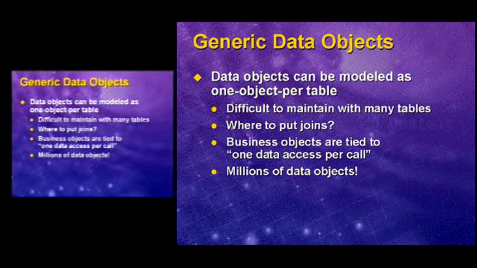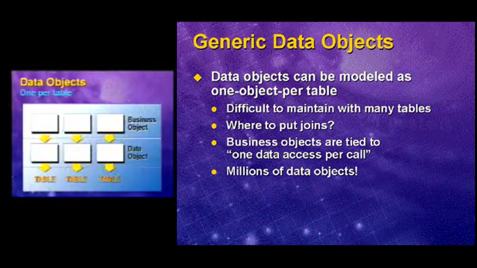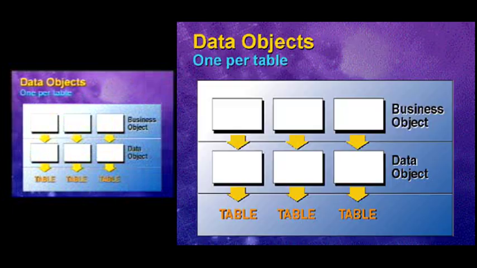So the other thing is that business objects, if you have this kind of theory, are tied to one data access per call. And again, you have millions of them. So this is the way this model looks, one data object per table. If I do a use case, I call a business object, which calls 1 to n data objects, and each of the data objects is responsible for one hit against the table. Like I said, not really optimum.